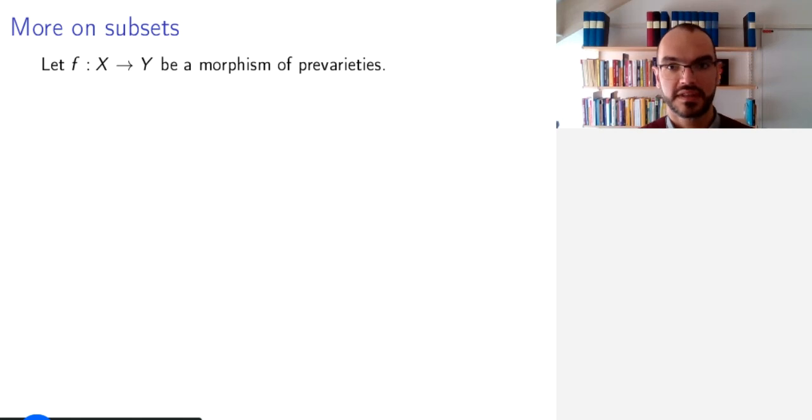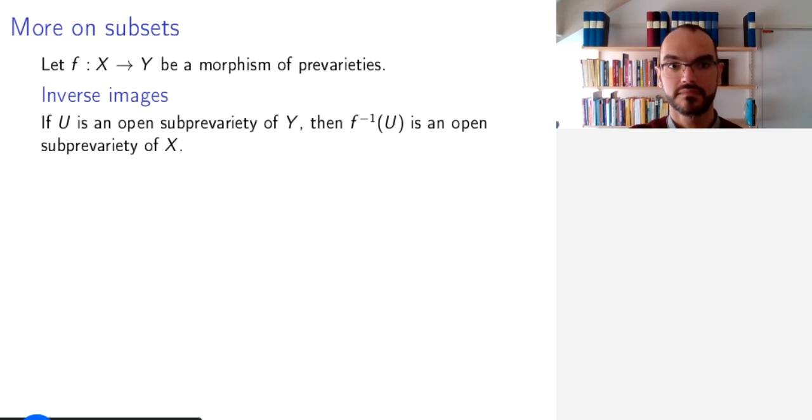Now, let us look further into subsets. So if we have a morphism of pre-varieties F between a pre-variety X and a pre-variety Y, then if U is an open sub-prevariety of Y, then its inverse image is an open sub-prevariety of X. This is because inverse images of open sets are open because the function is a morphism of prevarieties, and so in particular a continuous function between these topological spaces, so everything checks out as usual.